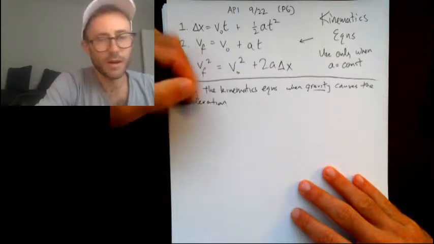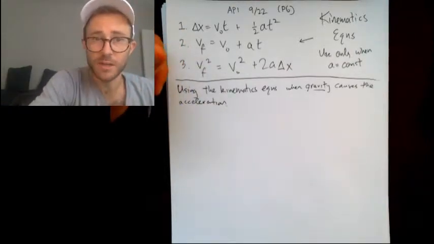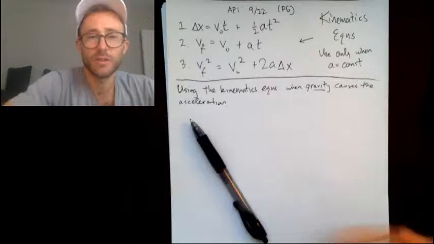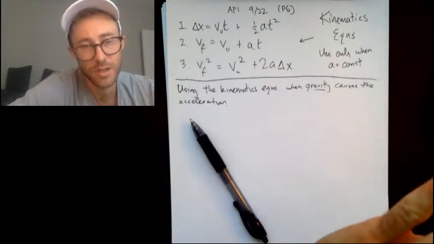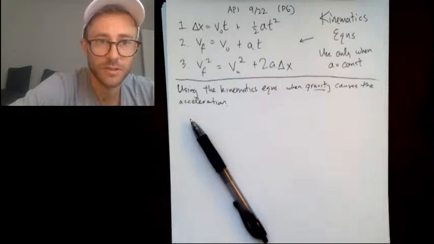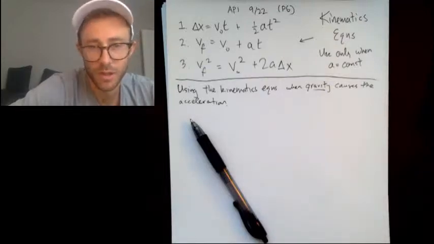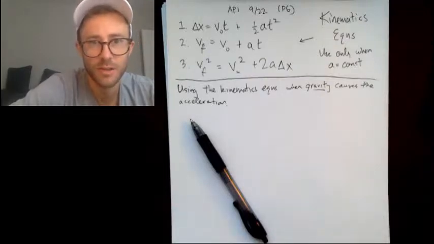Okay. It turns out that gravity causes an acceleration that is approximately constant. It's not exactly constant, but it is approximately constant, and it's good enough. We're going to take it as being constant in this class.